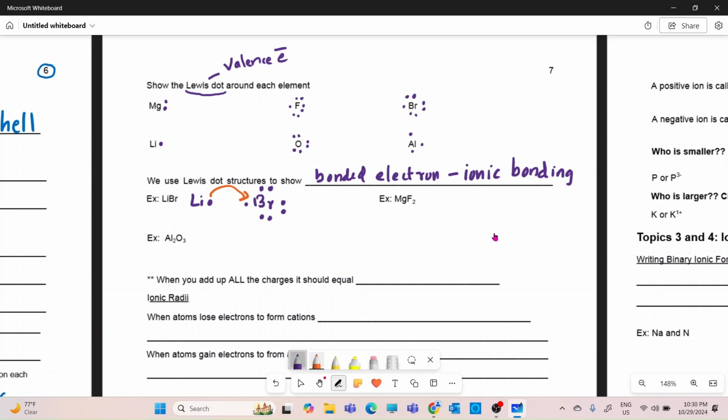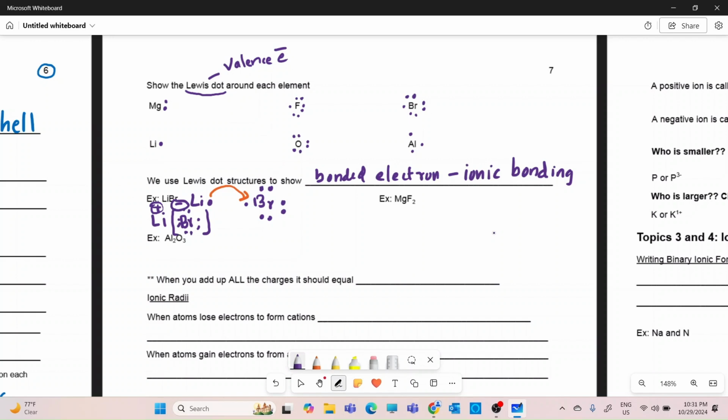So what happened after that? Lithium lost its electron. It will become a positively charged ion. There is a positive charge on lithium. And bromine got 8 electrons now. It is also happy. And there is a negative charge on bromine.